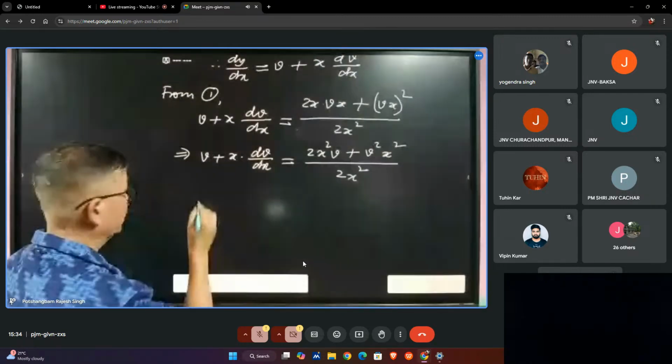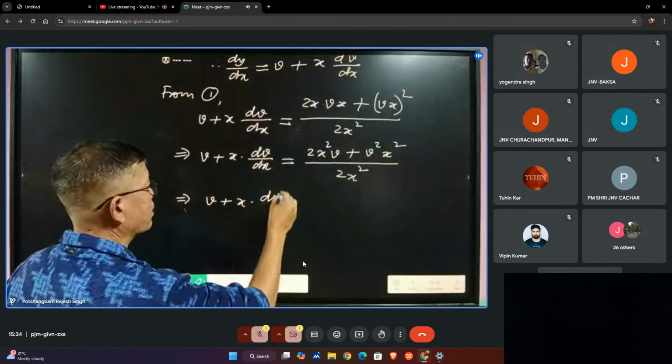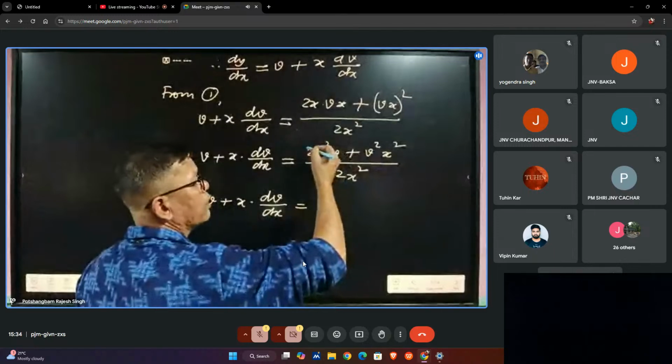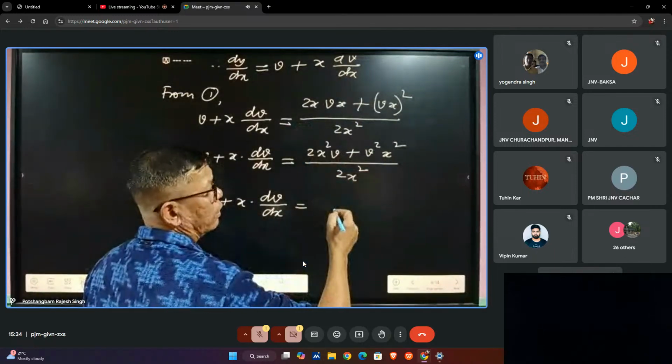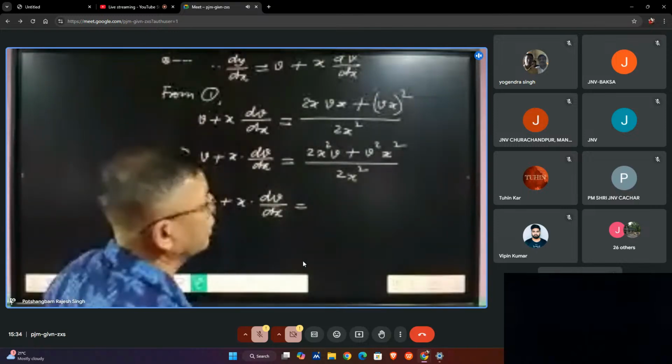You take out x squared common from the numerator, and it cancels with the x squared in the denominator. The result is twice v plus v squared divided by 2. I repeat once again, x squared can be taken common.